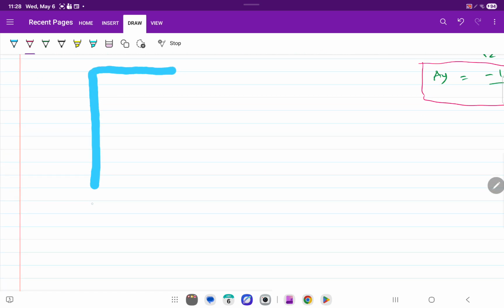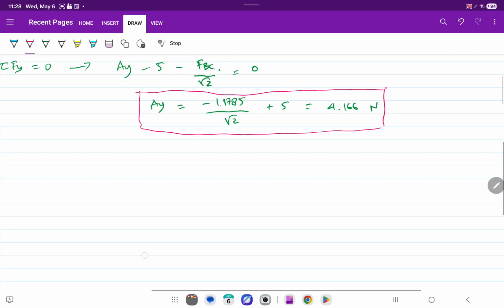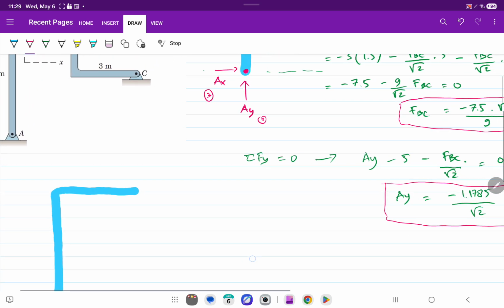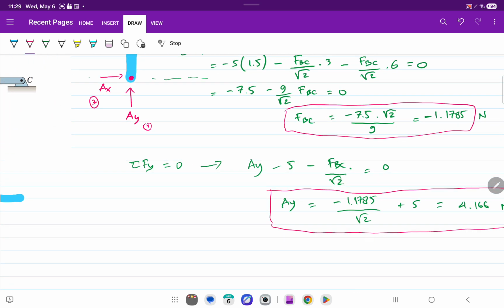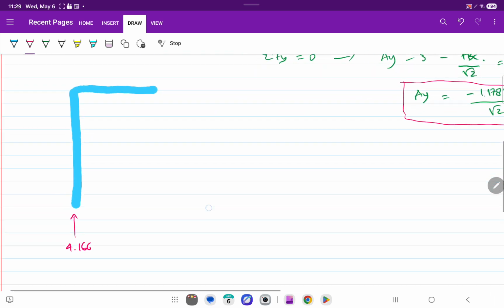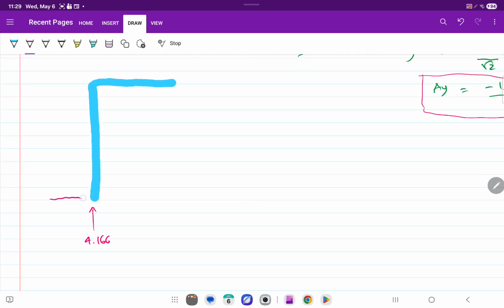Ay is known, which is 4.166. And then you have Ax to the right, and the value is positive, right? So it's correct.